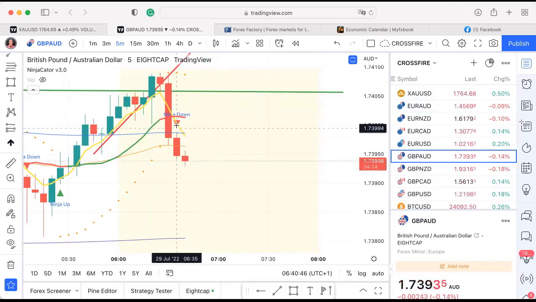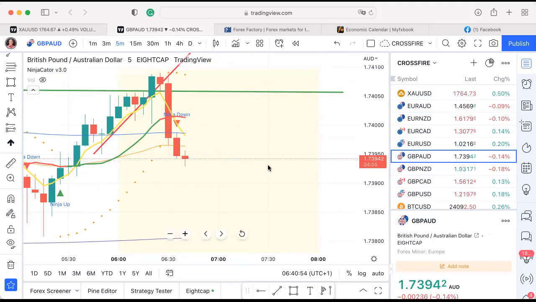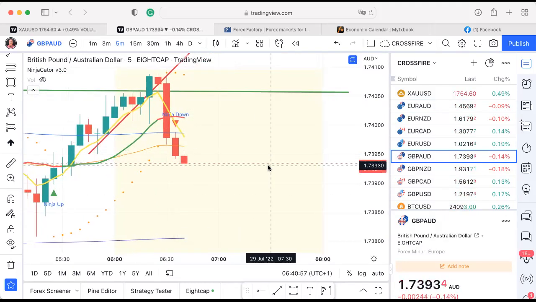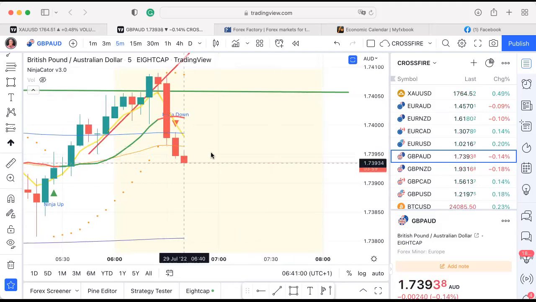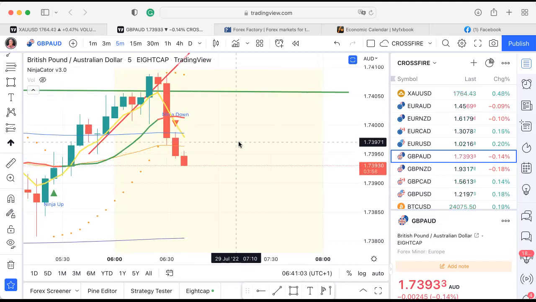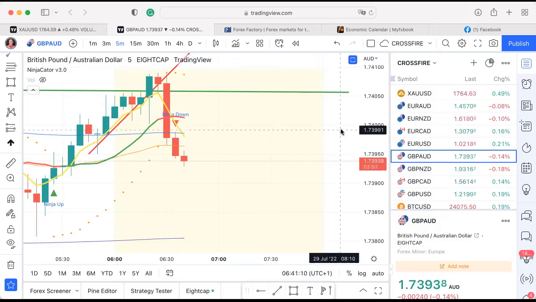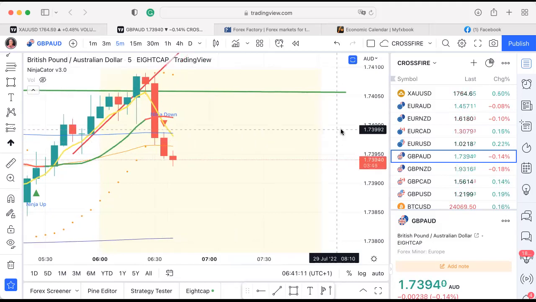We've got a ninja down, the PSARs are above, we are below the red line, and we've got a target in sight. So I would favor that, and I'm just waiting for this candle to make its mind up. I'm not going to get into a trade because, as you know, I've lost focus before when I've been doing these sessions, and if you take your eye off the ball, you can.